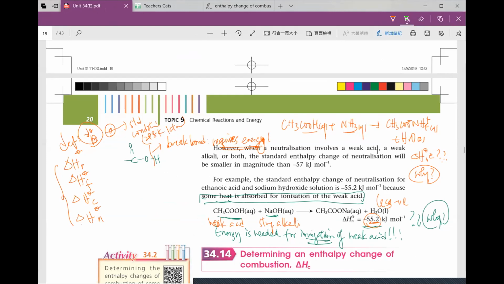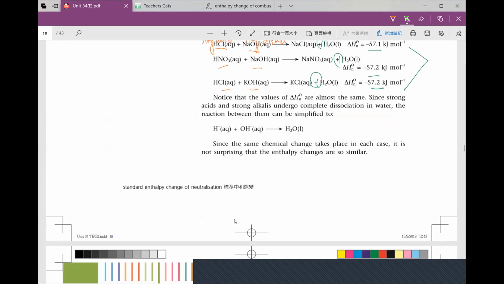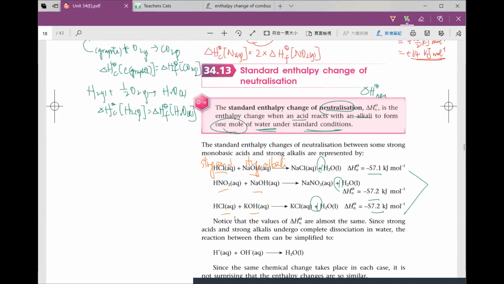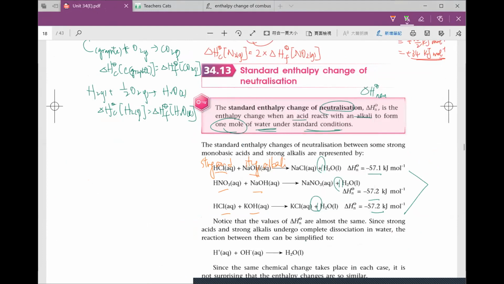Before we start the lesson, the question from last night is about delta H of neutralization, with a definition: you are going to produce 1 mole of water from the neutralization reaction.